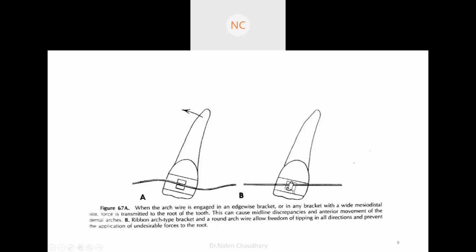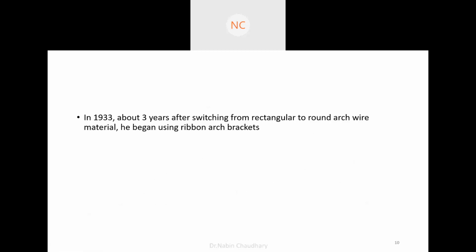Initially, the ribbon arch bracket had a slot facing incisally, but Begg modified it and changed the vertical slot to face gingivally, so that the placement of the bracket became easier for him. In 1933, 3 years after switching from the rectangular to the round archwire material, Dr. Begg started using the ribbon arch brackets.